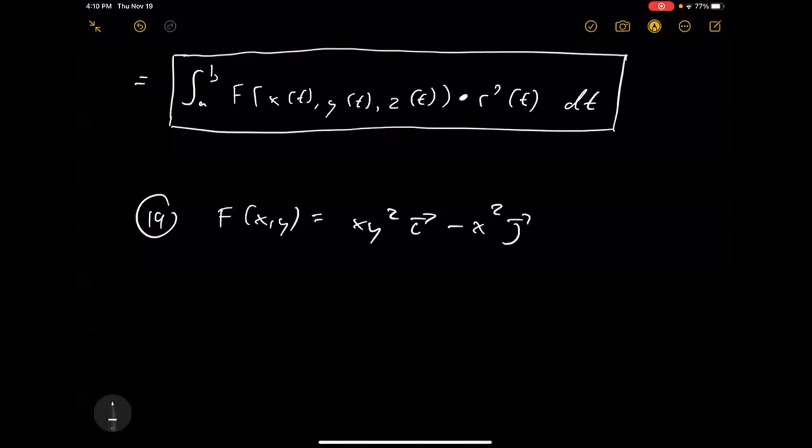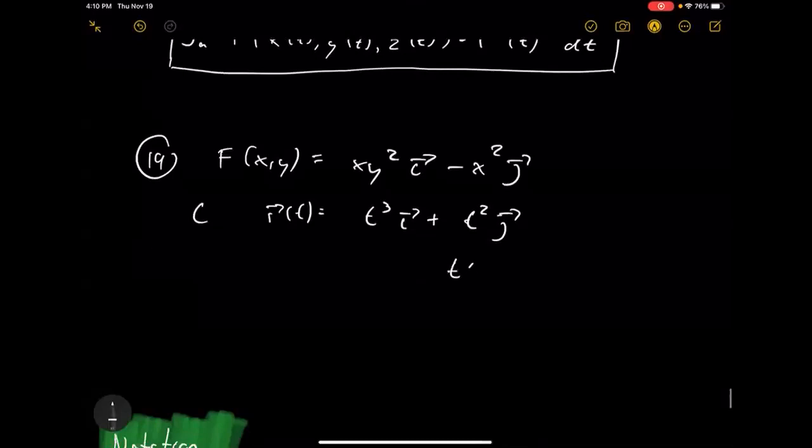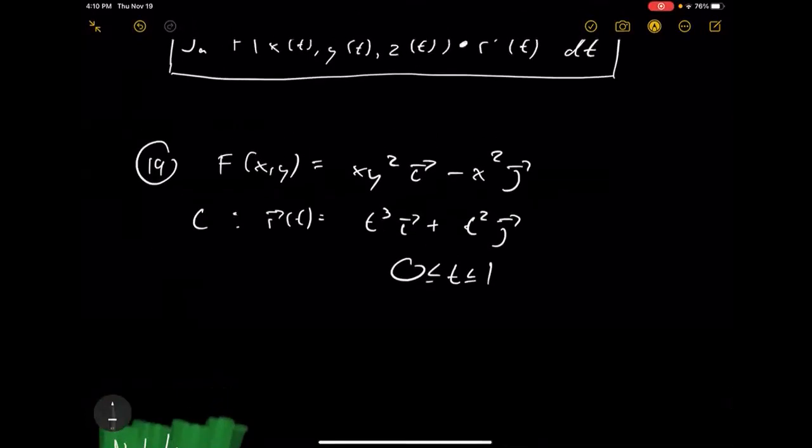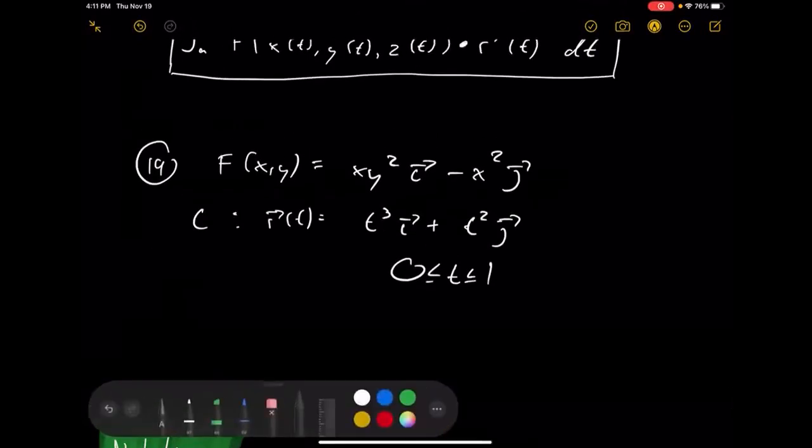And then we're told our r of t, which is our curve, equals t cubed i plus t squared j. And t is between 0 and 1. So I want to evaluate the line integral for this vector field along that curve.